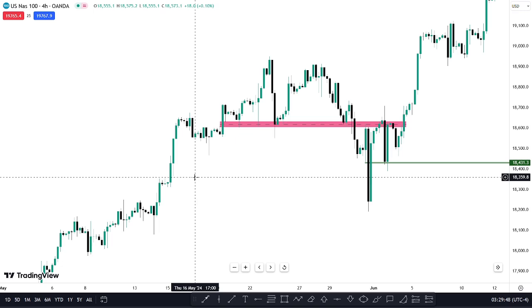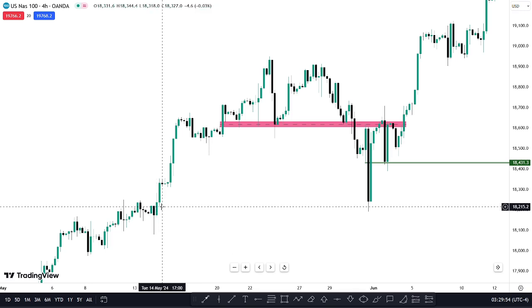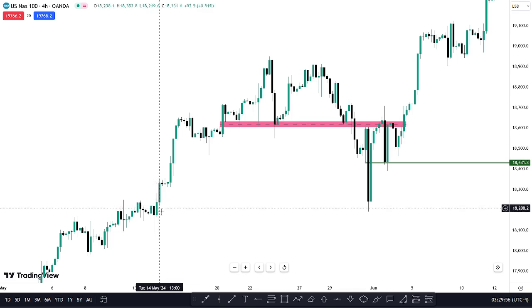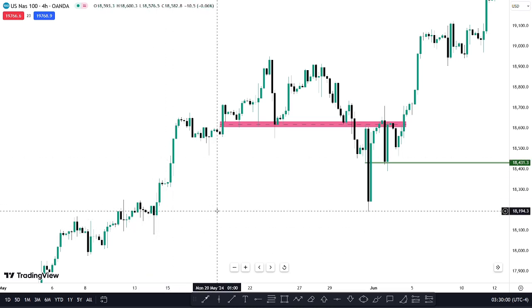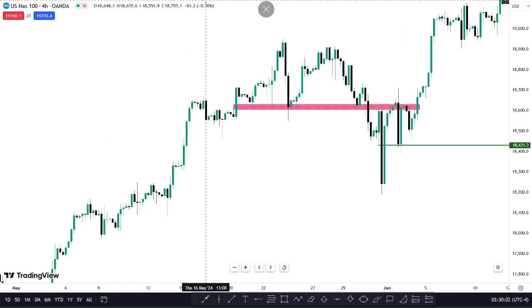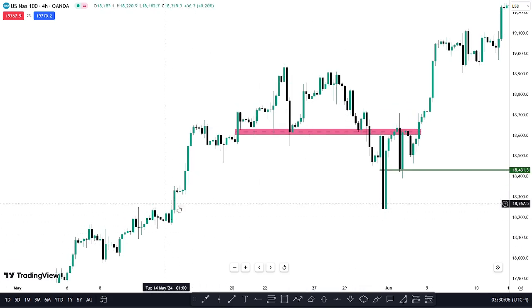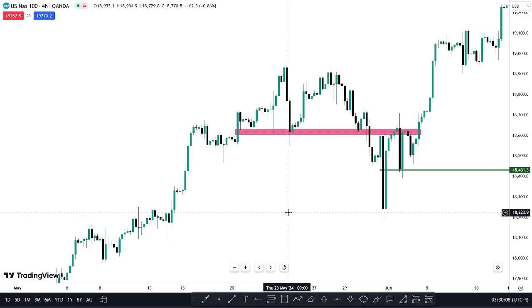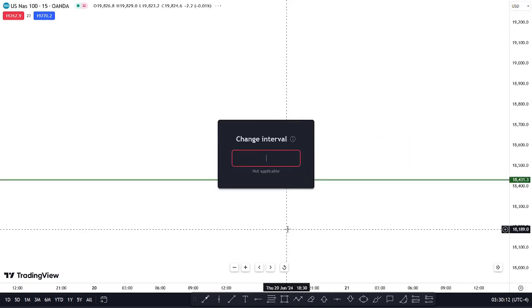You have this fair value gap 1, plus this low, this fair value gap, trying to go for this other block. This is what the market would like to do, guys. As you can see, it took out the liquidity and it closed lower here before it established this move high. The supply and demand traders will call this a demand zone. Now let's go into the 15-minute time frame.